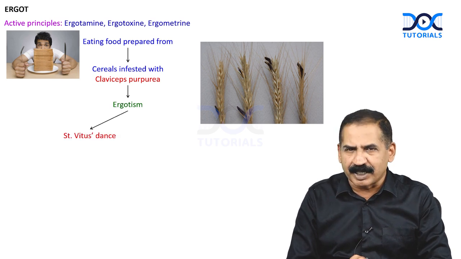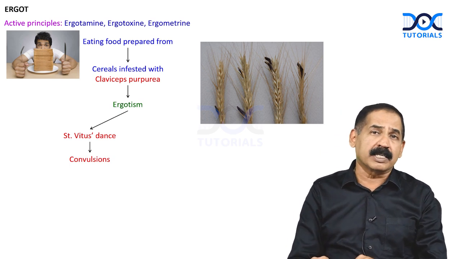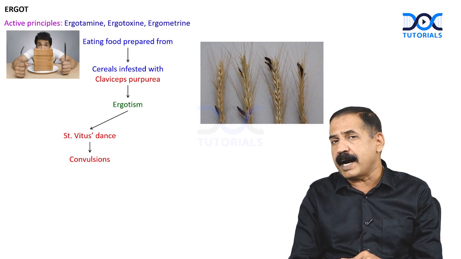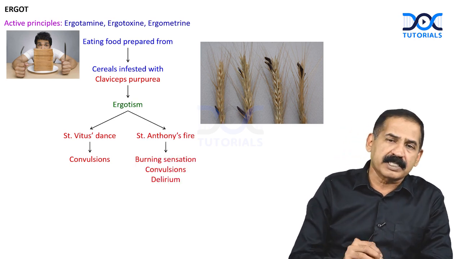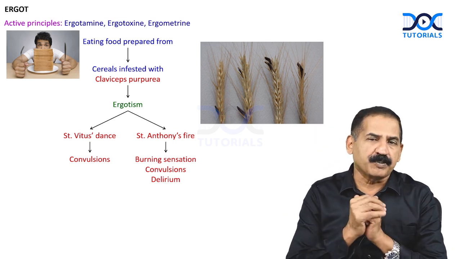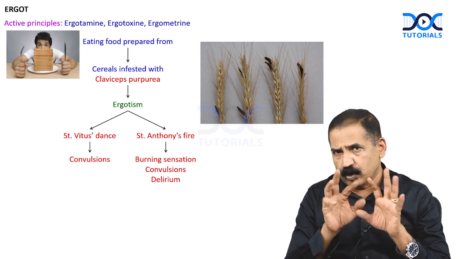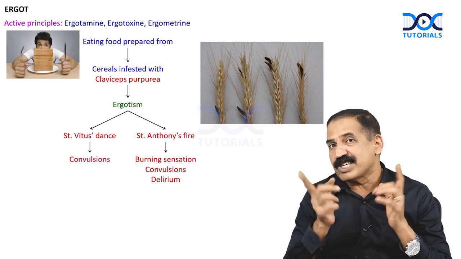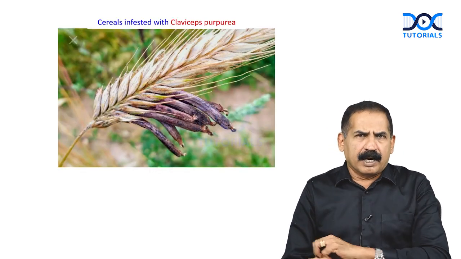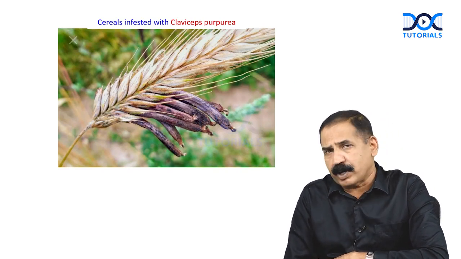In ergotism, mainly you should remember Saint Vitus dance, associated with convulsions. At the same time, Saint Anthony's fire, burning sensation, convulsions, and delirium. This ergotism affects both vessels as well as nerves. I show you a picture where the cereals are infested with Claviceps purpurea.